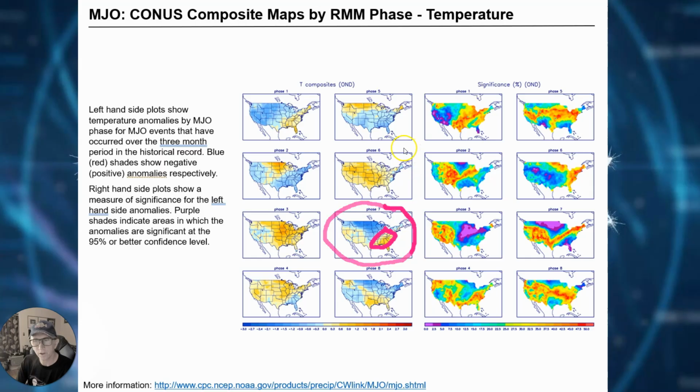Is that exactly what's going to happen? Not sure, but looking at the forecasts, it looks like that supports it. Okay, so phase 8, generally cooler temps in the northeast and northern high plains.